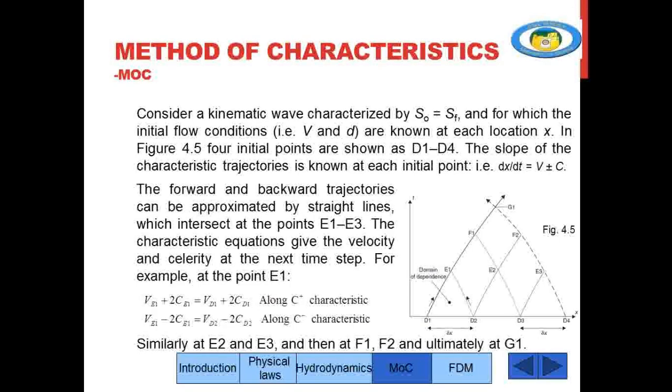So we can graphically put from each of those initial points those characteristic directions. Those characteristic directions would meet at E1, E2, E3. Now, using the earlier example, we can easily determine the velocities and the celerities at E1.